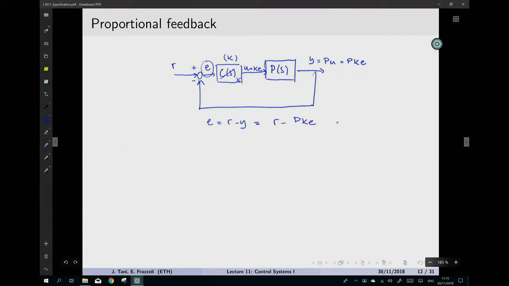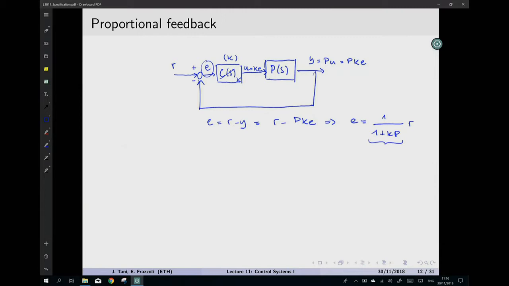This means that E is equal to what? E is equal to 1 over 1 plus KP R, right?